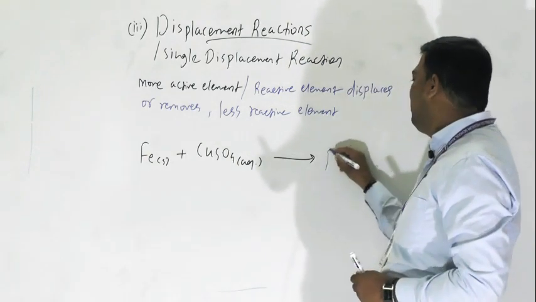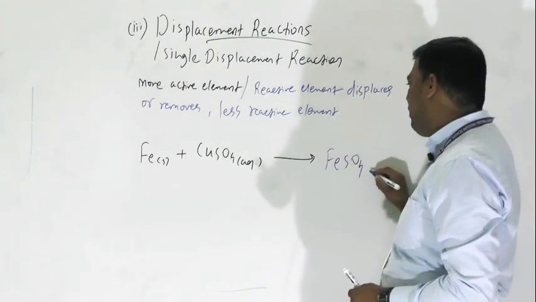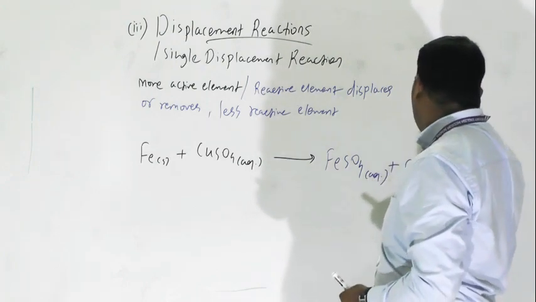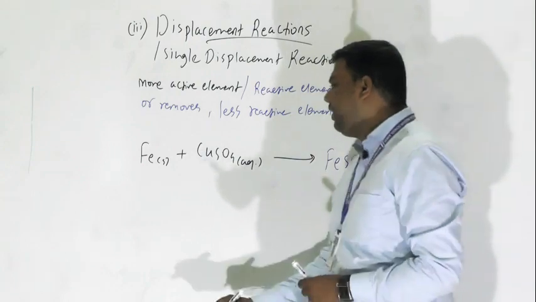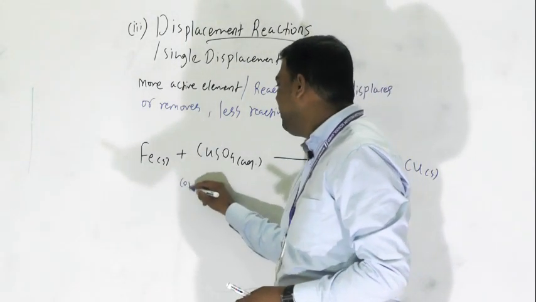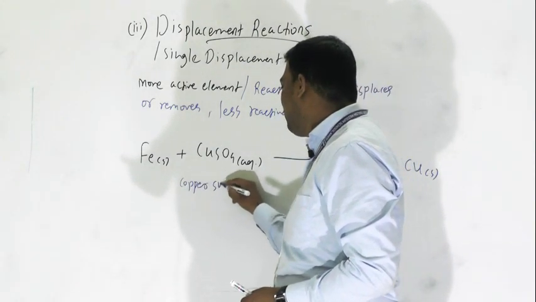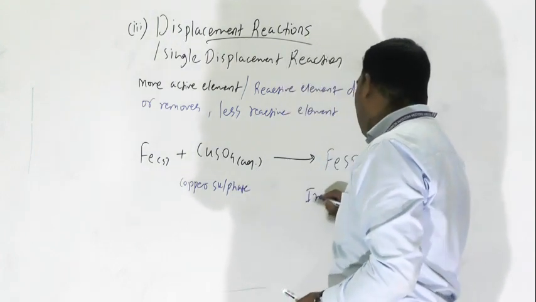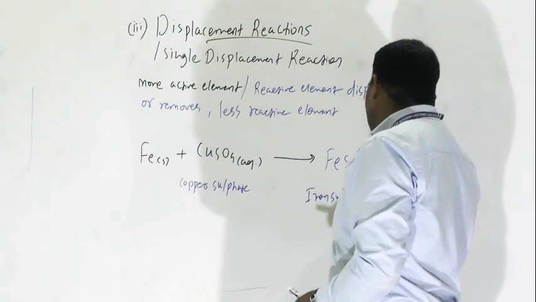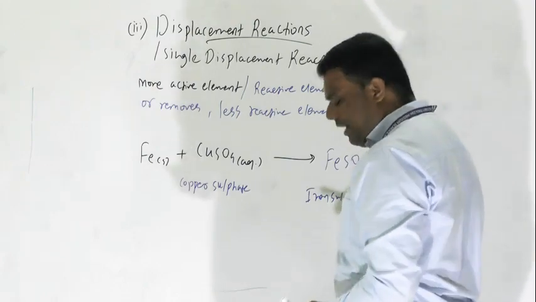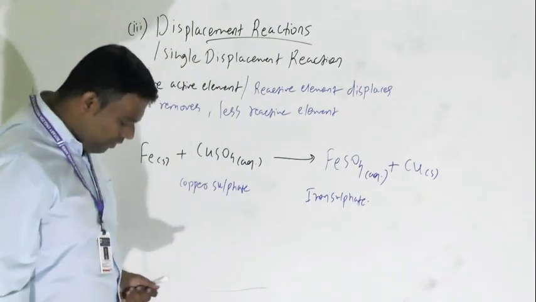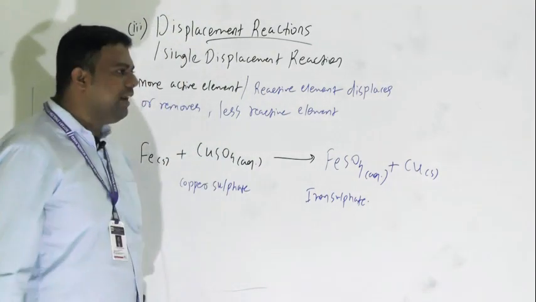What will happen here? FeSO4 aqueous plus Cu solid. These are what? Copper sulfate, and this is iron sulfate, or we can say iron(II) sulfate.